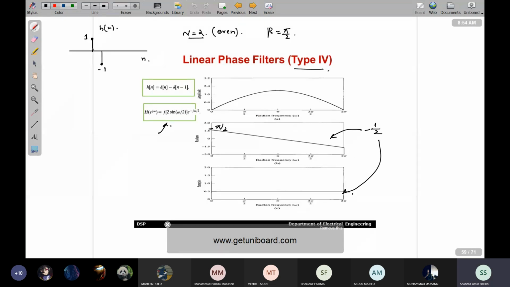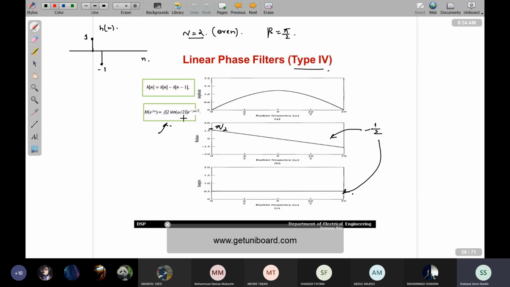Similarly in type 4, h of n is equal to delta of n minus delta of n minus 1, only 2 filter taps, and n is equal to 2, which is even. Beta is equal to pi by 2, which is obvious from the taps, since it's showing odd symmetry. As a result, h of exponential j omega is equal to j 2 sine omega by 2 exponential minus j omega by 2.